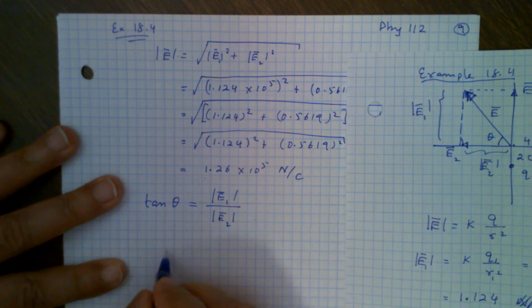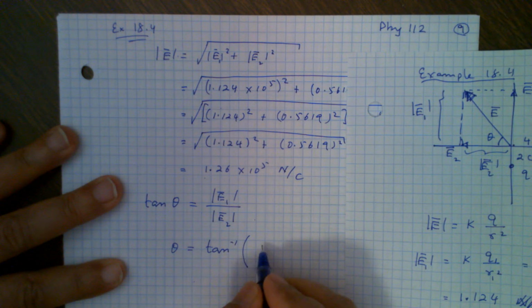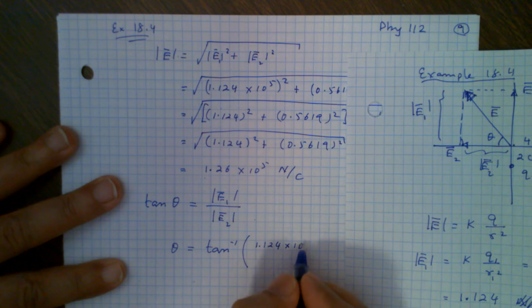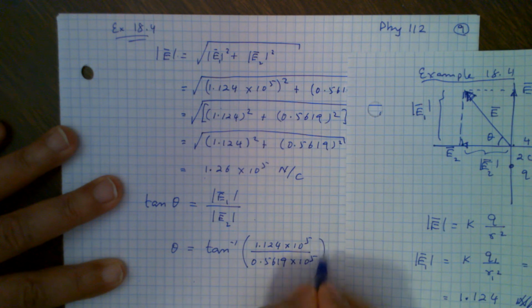Okay, so then theta is equal to tangent inverse of E1 by E2. So the magnitude of E1 is 1.124 times 10 to the power 5 newtons per coulomb, and the magnitude of E2 is 0.5619 times 10 to the power 5 newtons per coulomb.